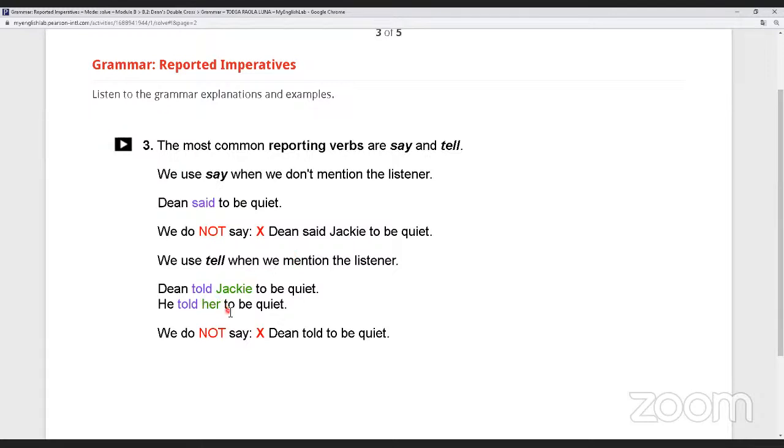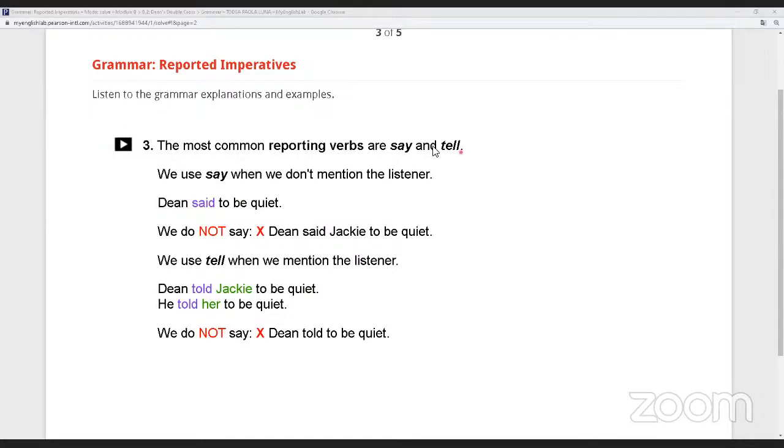Told me, told her, told you, told us, told her, told him, okay? So again, no subject pronouns. We only have to use a personal noun, Jackie, Anita, John, and we have the other option to use object pronouns, but not subject pronouns. You have to take care in that part.